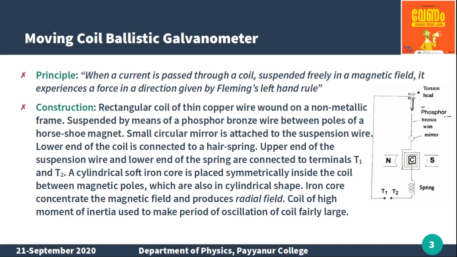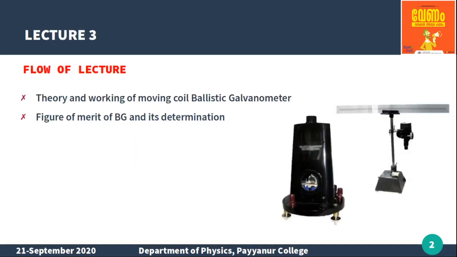Here I gave the picture of that ballistic galvanometer. You might have seen it in your laboratory. Anyway, you are going to perform the experiment using this instrument in your future class.